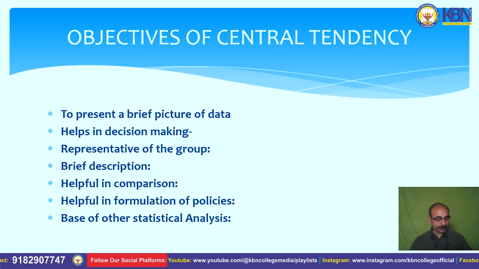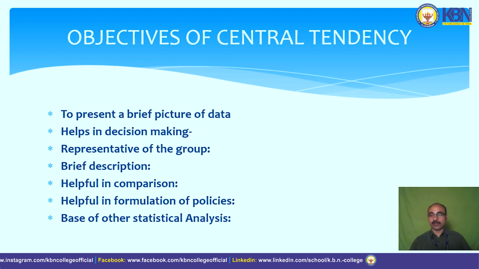Next one is brief description. An average gives a simple and brief description of the main features of the whole data. We need not study the entire data; by studying the brief description itself, we can know about the entire data. Next, helpful in comparison.